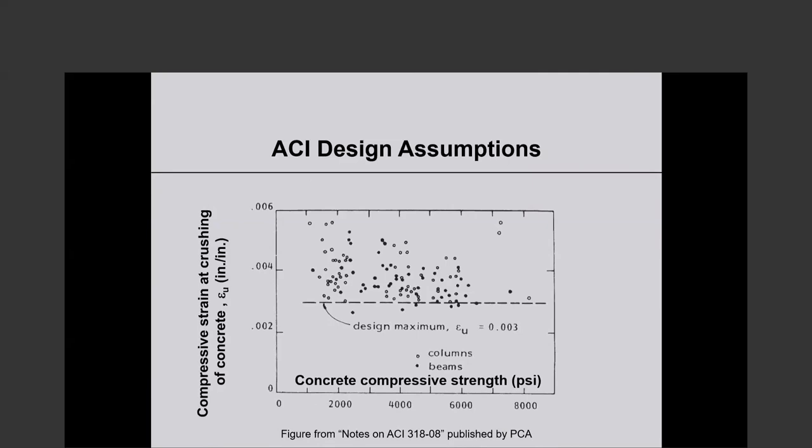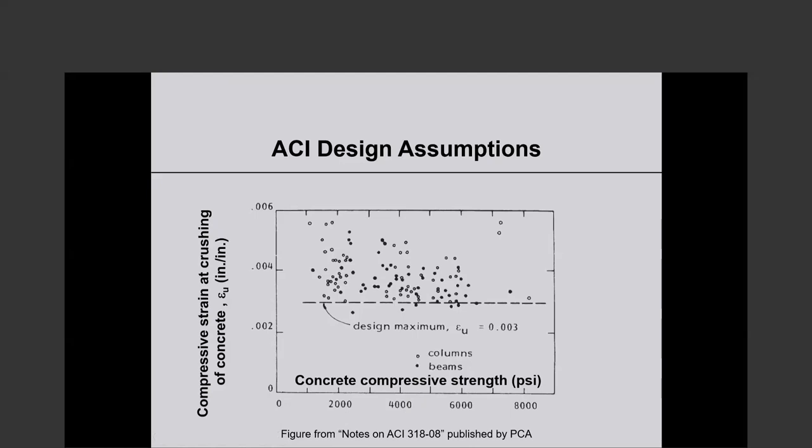In this portion, I have taken a lot of pictures from this source, Notes on ACI 318-08, published by the Portland Cement Association. That publication now is discontinued, unfortunately, and the Portland Cement Association has been reduced to a small fraction of what it used to be.